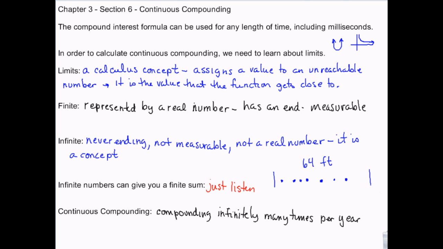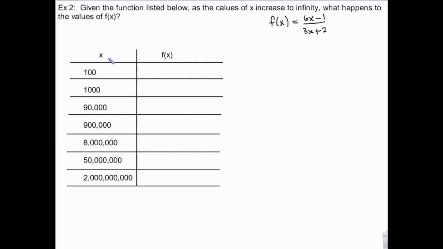So if I make a t-table, and this is the value I plug in for x, and this is the value that this gives me back out. If I plug in 100, I get 6 times 100 minus 1 divided by 3 times 100 plus 2. So 599 divided by 302, and that gives me 1.983443709.